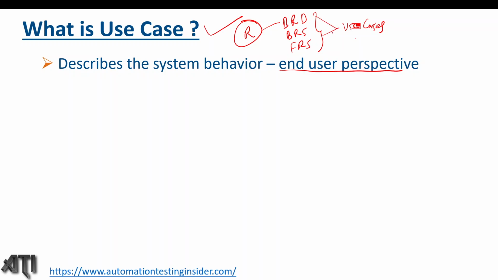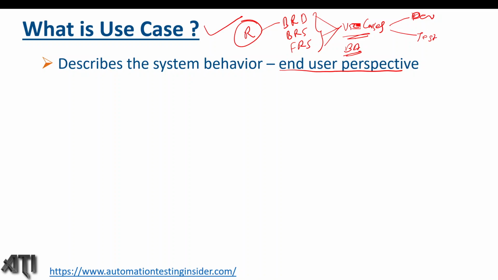which is derived from these documents, and this is prepared by business user or business analyst, right? And from here use cases are transferred to development team. Use cases will be given to development team and testing team.